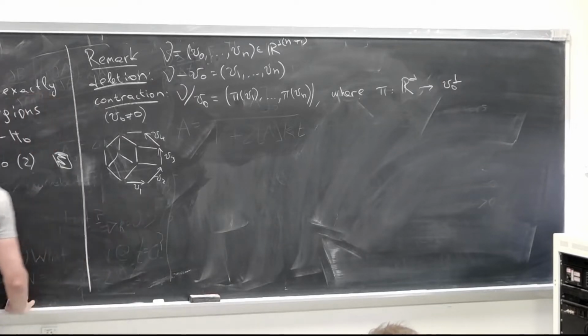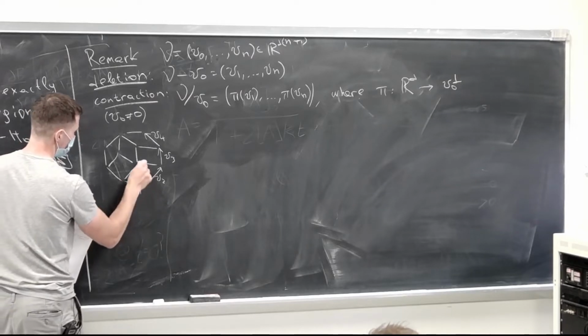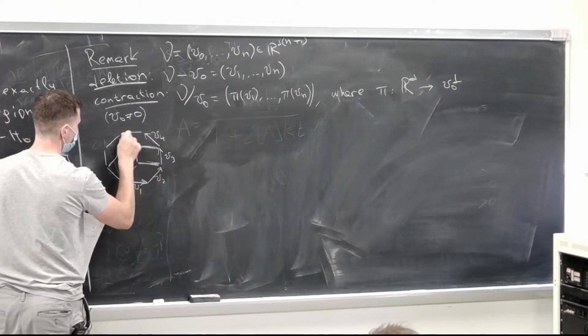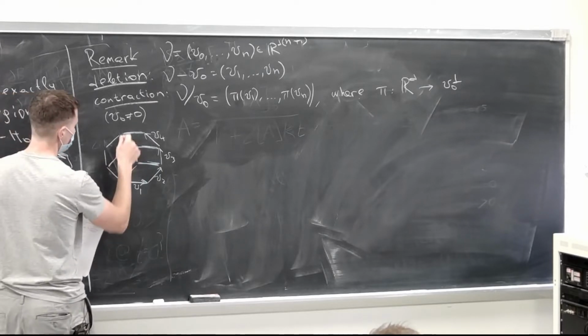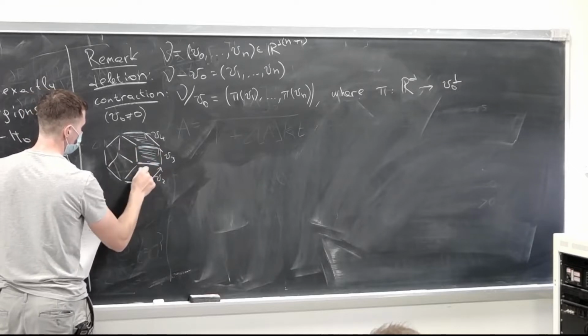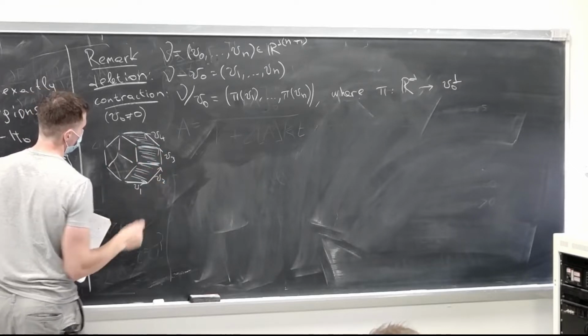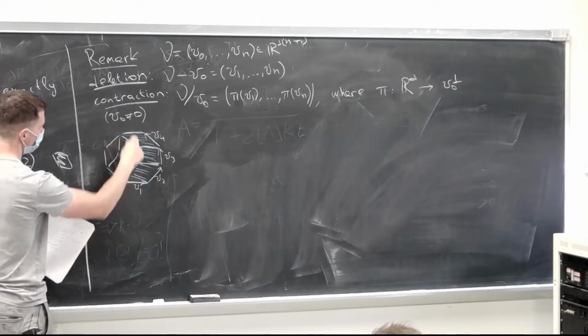Let's do v1. There is a whole bunch of vectors which are parallel to v1. If I look at all tiles which contain v1 as one of their tangent edges, then I have this subtiling.